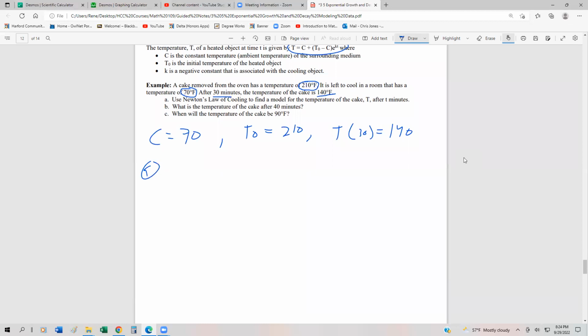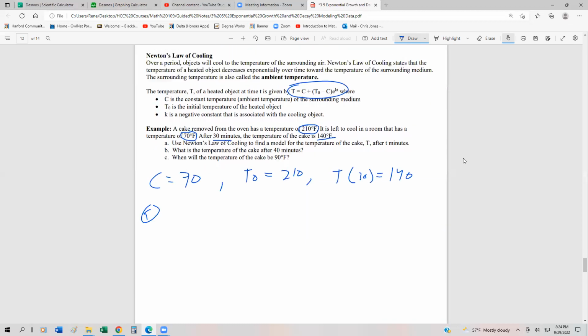So we're going to substitute everything back in up here, and we should be able to solve this for K. So our temperature T is going to be 140, and that's going to be equal to C, which we said was 70, plus the initial temperature, which was 210, minus C, which in this case is 70, and then e to the KT, but we know that T was 30.